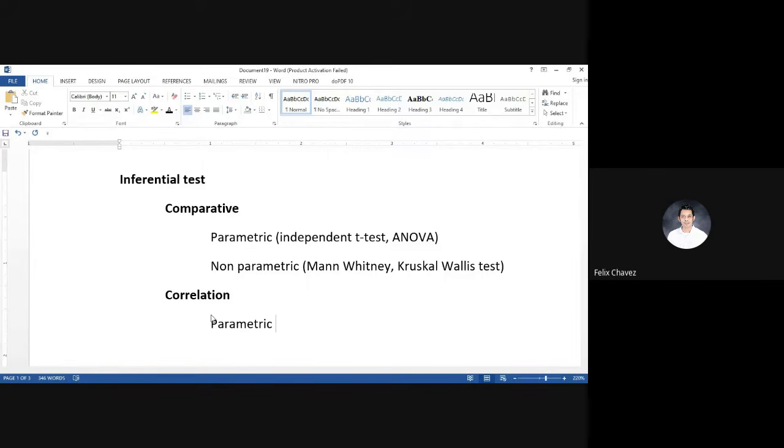So in the comparative and correlational tests, we have certain tests using parametric and tests using the non-parametric analysis. But always remember, as what I have mentioned, parametric test is more robust as compared to non-parametric. But non-parametric is an alternative if the assumptions of parametric are not met.